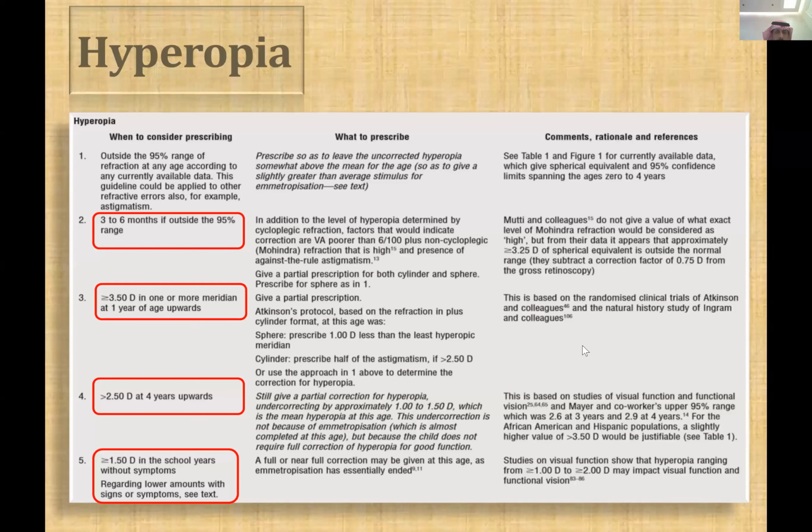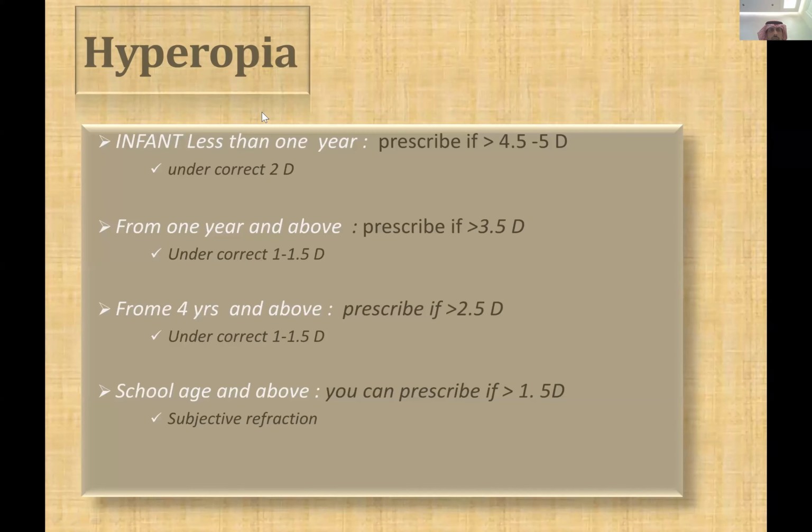I'll go over each one and summarize it in the next slide. So, for example, for hyperopia, if the infant is less than 1 year, the suggestion is to prescribe if more than 4.5 to 5 diopter. The American Academy of Ophthalmology preferred practice pattern puts the limit at 6 diopter.